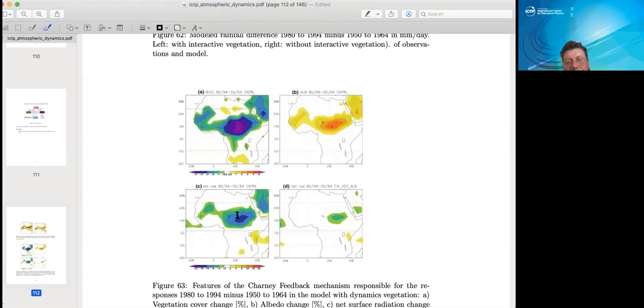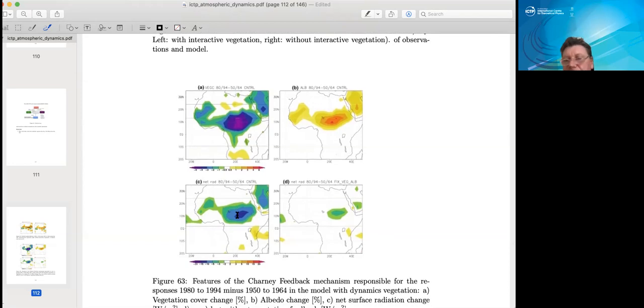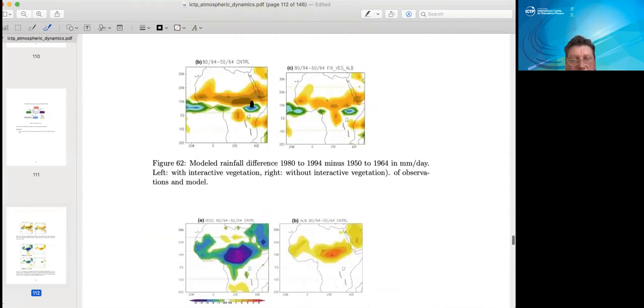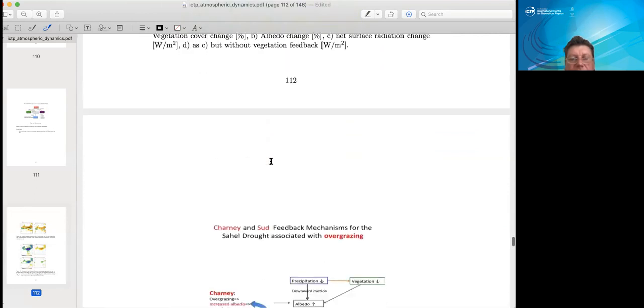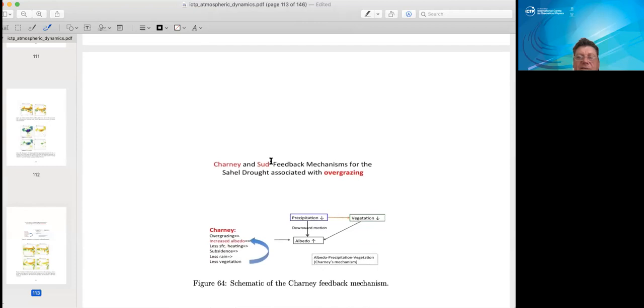So Charney proposed this positive feedback mechanism between vegetation, albedo, surface absorbed radiation, and going back to precipitation. That is then responsible for this amplification of the signal that can be induced by external forcings.